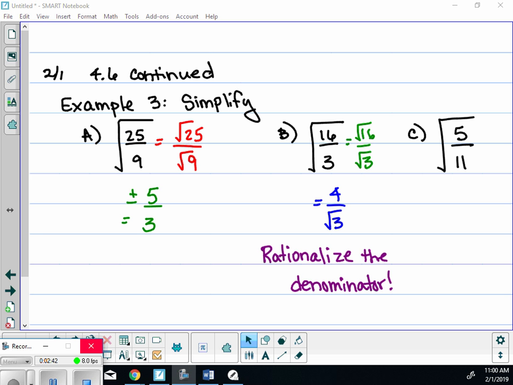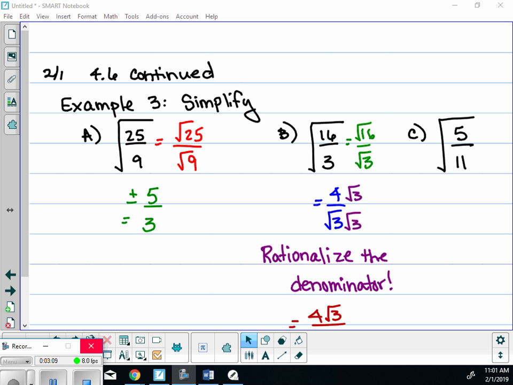Now, we are going to work with relatively simple examples for now. And what we do to rationalize the denominator is multiply by that square root. So, in the numerator, I would have 4 times the square root of 3.